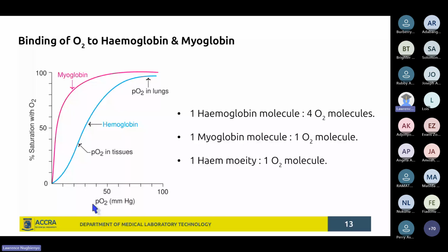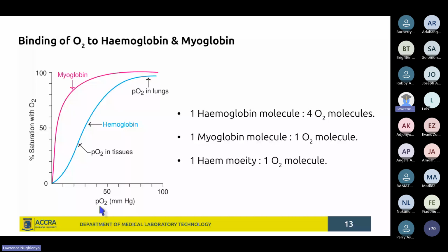I mean, if you are looking at these oxygen dissociation curves of myoglobin, which is red, and that of hemoglobin, which is blue. On the vertical axis, we have percentage saturation with oxygen. And on the horizontal axis, partial pressure of oxygen in millimeters of mercury. You can think of these as concentration of oxygen, but because it's a gas, you're referring to it in terms of pressure. So, partial pressure of oxygen.